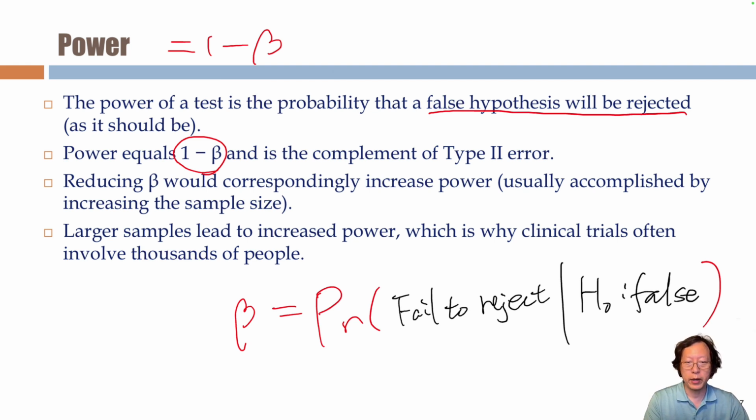So 1 minus beta means this is the probability that we reject given that the null hypothesis is false.